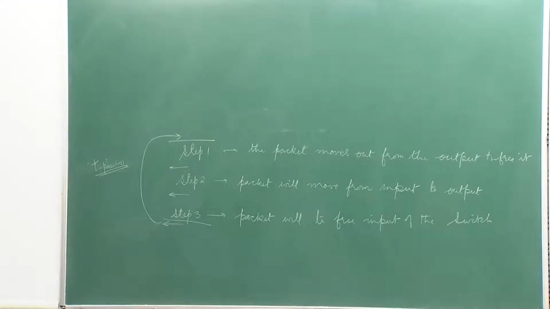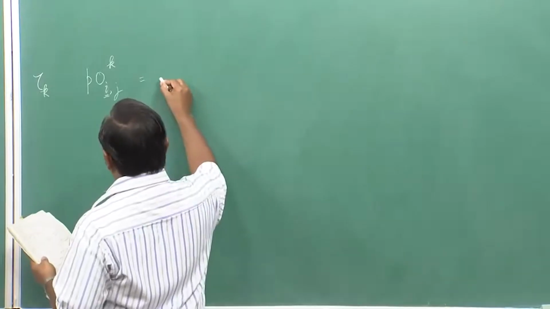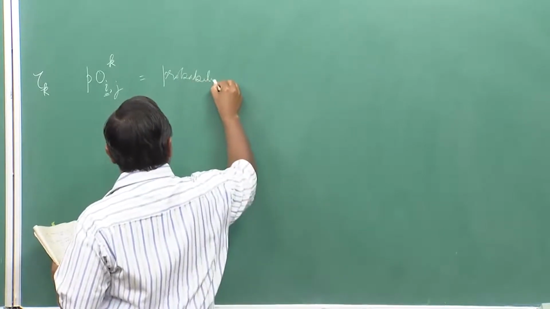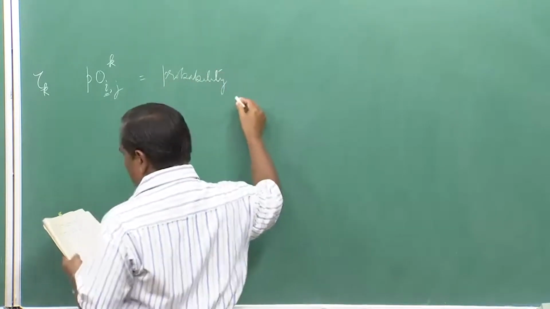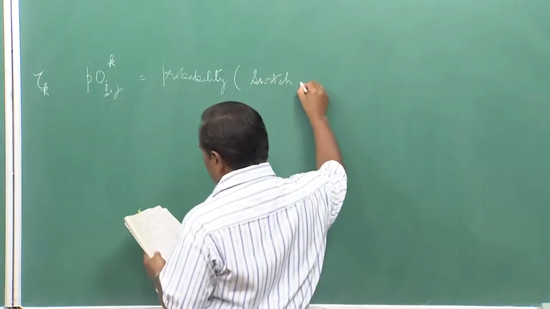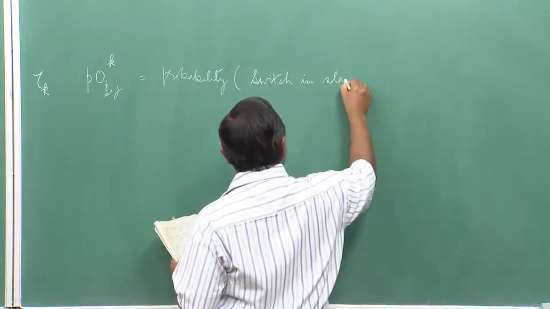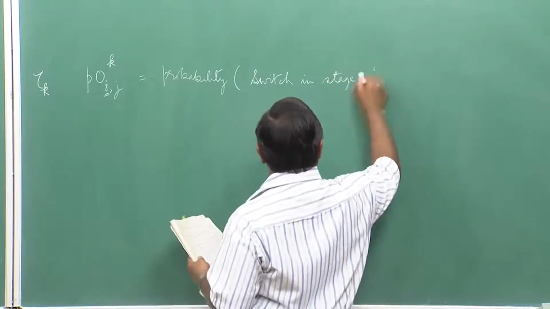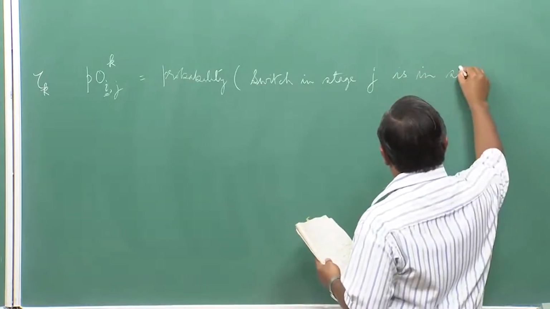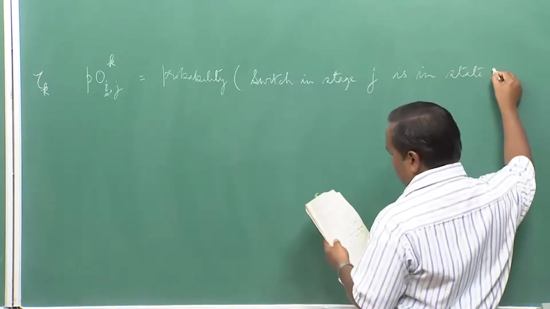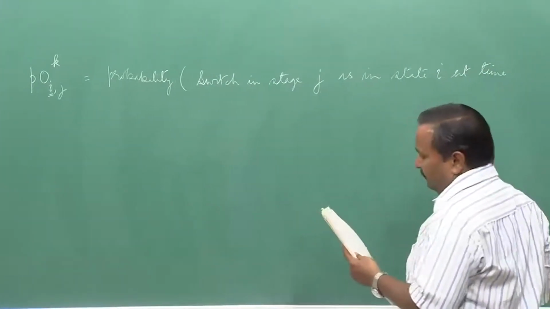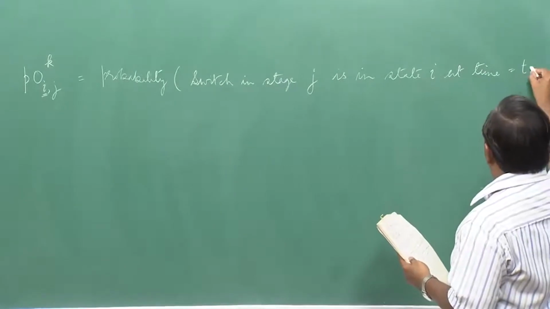Okay. So, this will be written as the probability that a switch in stage j is in state I at time equal to Tk.